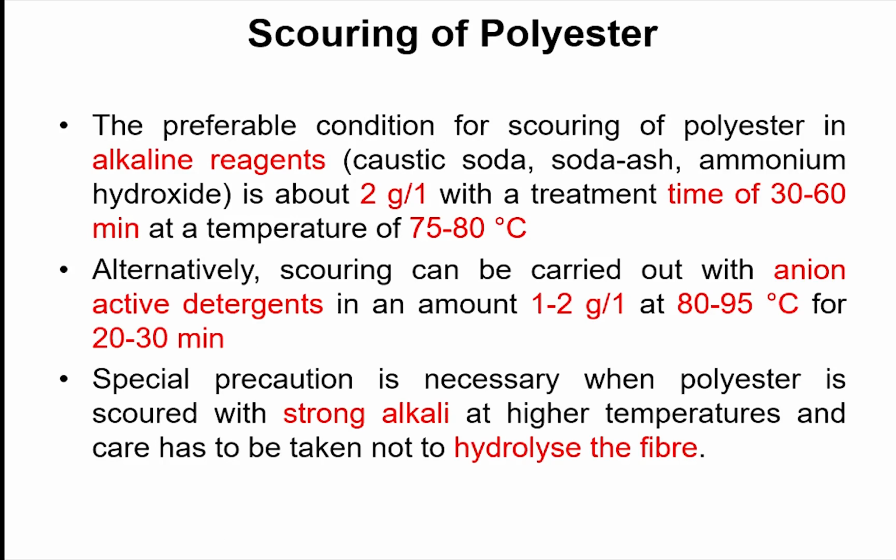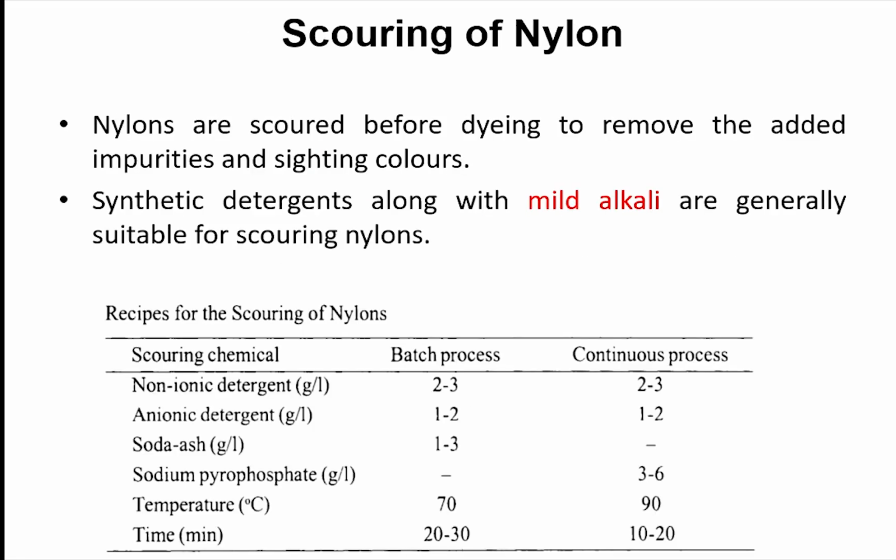So you have to take more precautions when you use caustic soda on polyester. Similarly, nylons are scoured before dyeing to remove added impurities and sizing colors. Synthetic detergents along with mild alkali are generally suitable for scouring of nylons. So this is the recipe for scouring of nylons.